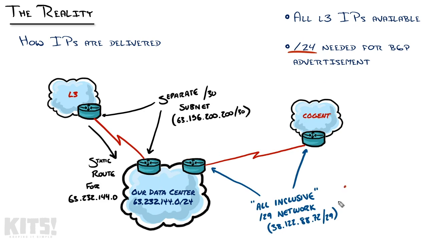If they allowed these kind of subnets to be advertised out with BGP, their routing table would be huge because there's thousands and thousands of subnets that we could divide things up to. So most service providers, I'm not saying all, but most of them have a rule and they have filters to say if you advertise anything smaller than a /24, so /25, /26, whatever, they will actually block you and filter those addresses out. So this is the bare minimum block size that we need to run BGP.